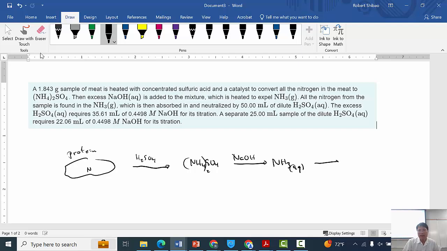And then the heat drives it off as ammonia gas, plus other stuff. Okay, once we have the ammonia gas, this should be pure. So this is all mixtures up until here, and then we get the pure ammonia gas.